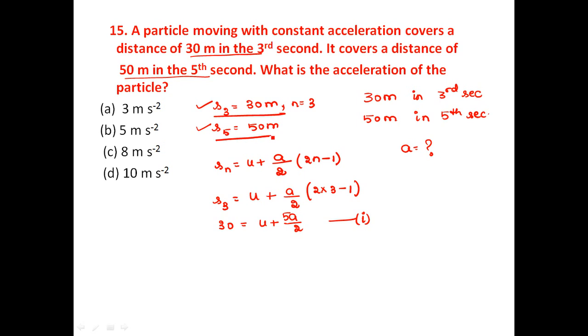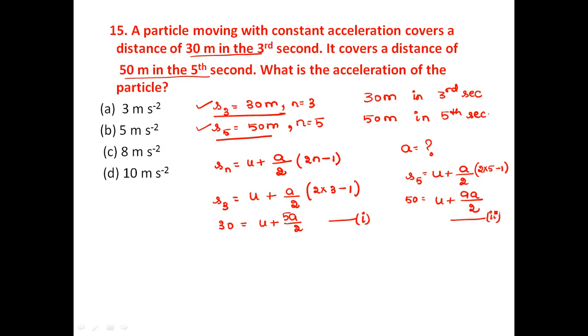Similarly, writing the equation for S5, which is 50 meter, where n is equal to 5: S5 is equal to u plus a by 2 into 2 into 5 minus 1, that is u plus 9a by 2, and S5 is 50. This is our second equation.